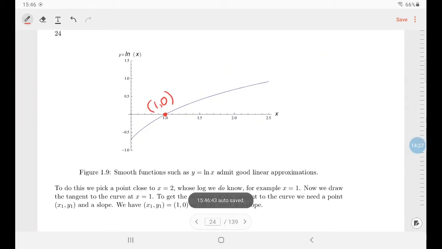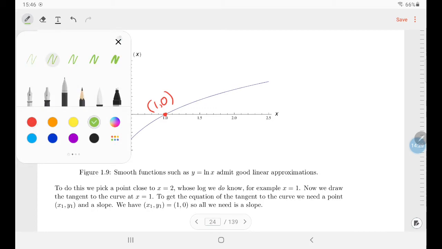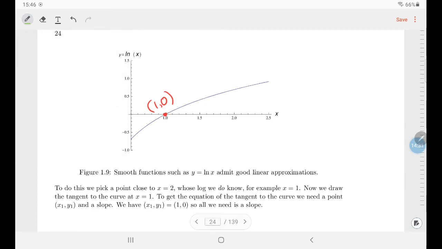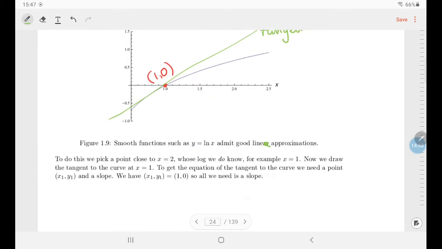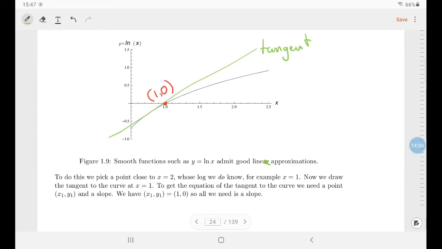And that line, of course, is what we call the tangent line, and it's the thing I can't draw. So they have good line approximations.